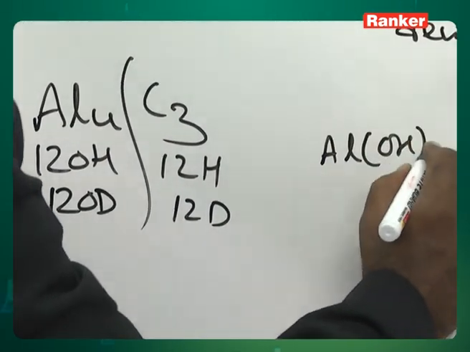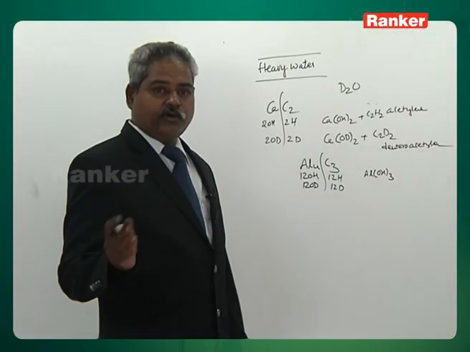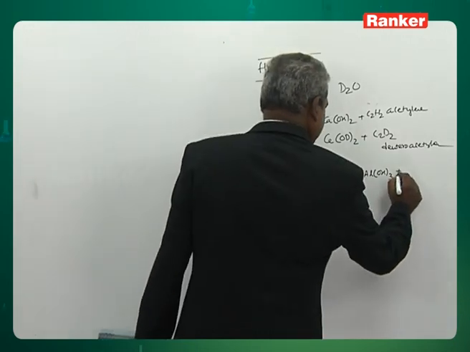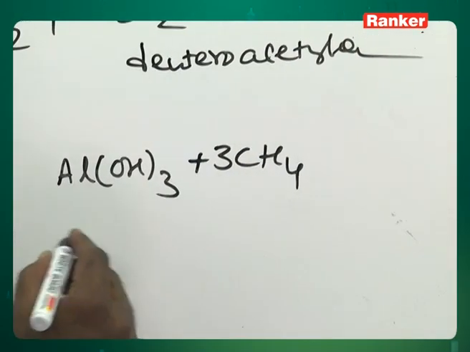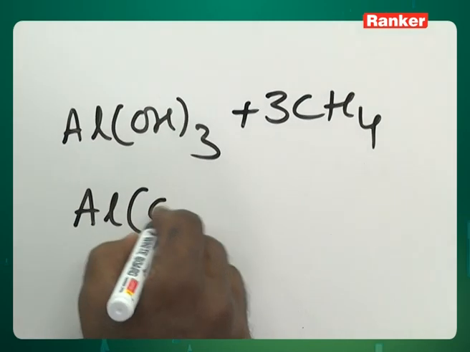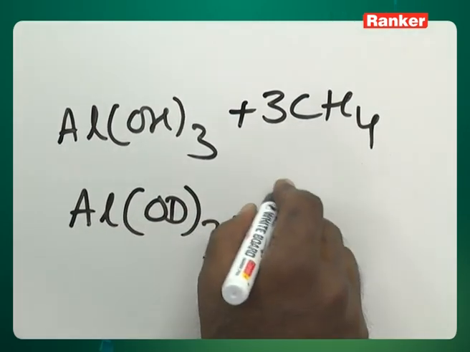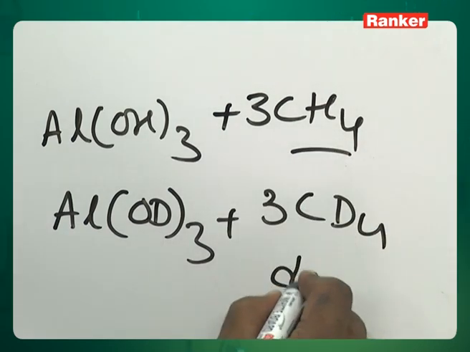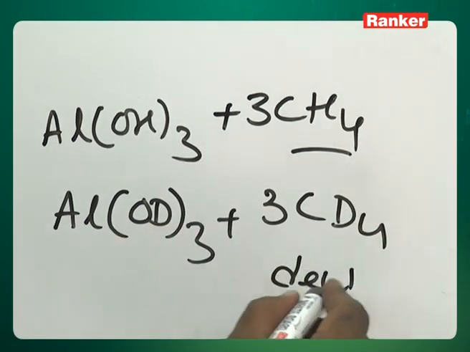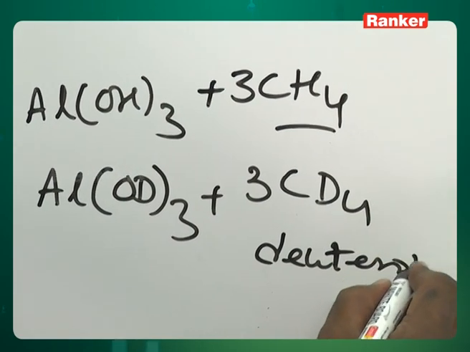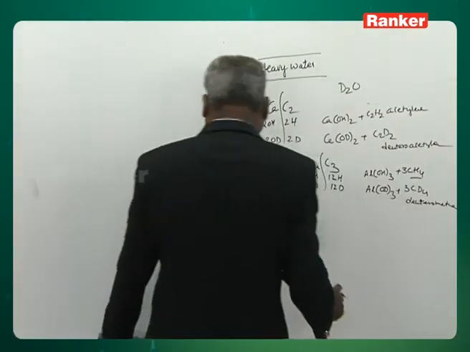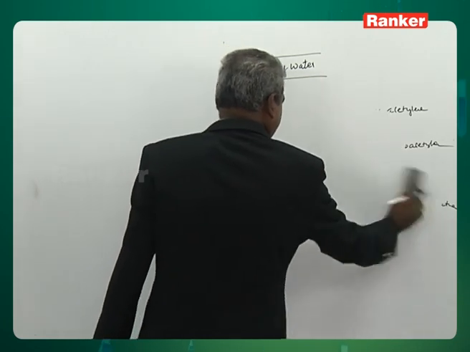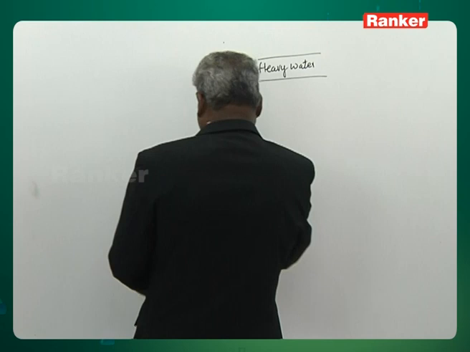Al(OH)3 plus 3CH4. Al(OD)3 plus 3CD4. This is methane, this is deuteromethane, aluminum deuteroxide, deuteromethane.